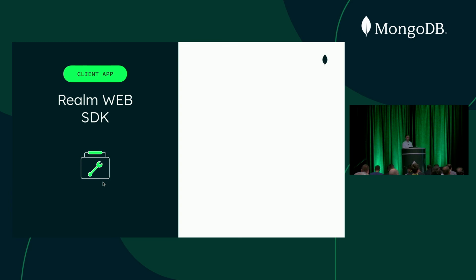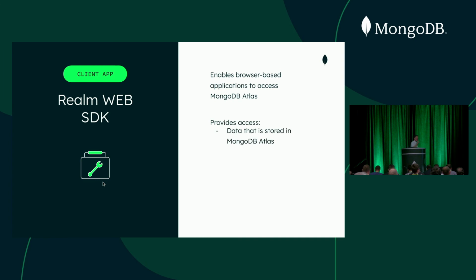So what is the Realm Web SDK? The Realm Web SDK enables browser-based applications like my React application or an Angular application to access MongoDB Atlas App Services or directly access data in MongoDB Atlas.